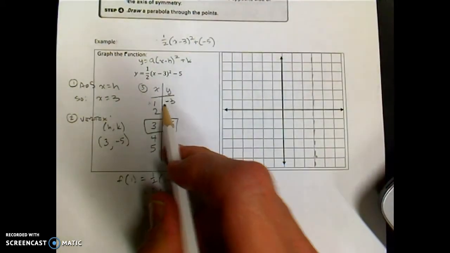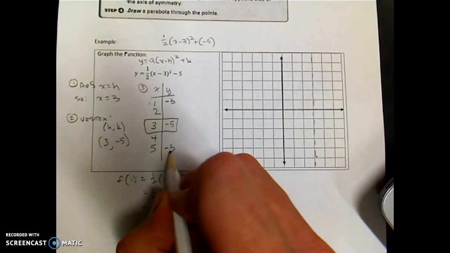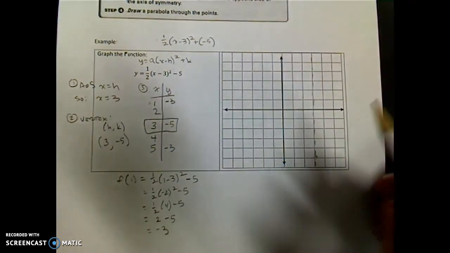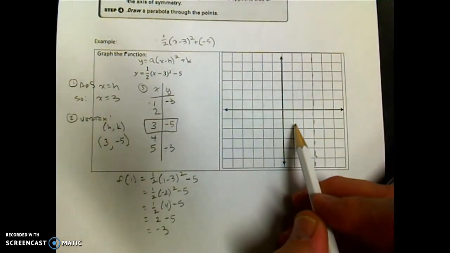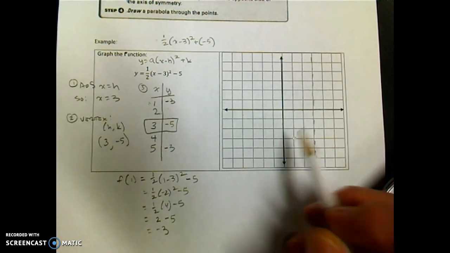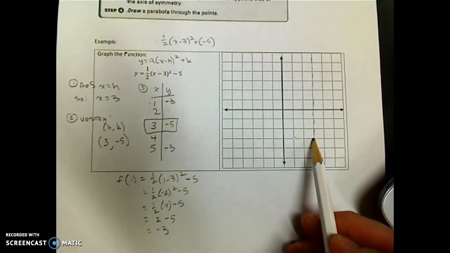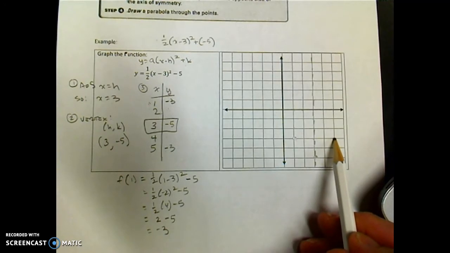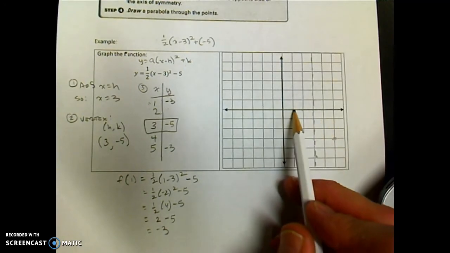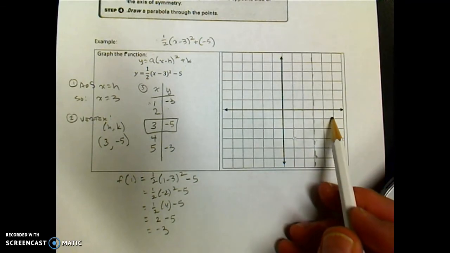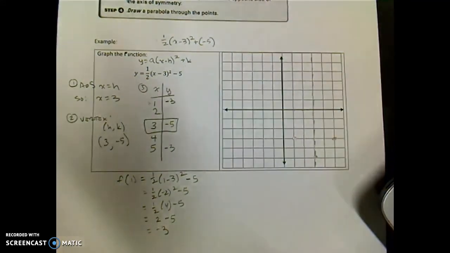So when x is 1, y is negative 3. Similarly, when x is 5, y is negative 3. So let's plot those points. I can see this point is 2 units left of the axis of symmetry. I'm going to have another 2 units right of the axis of symmetry, which just happens to be 5, negative 3.